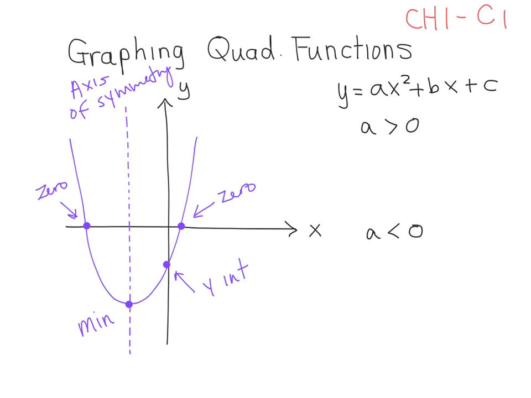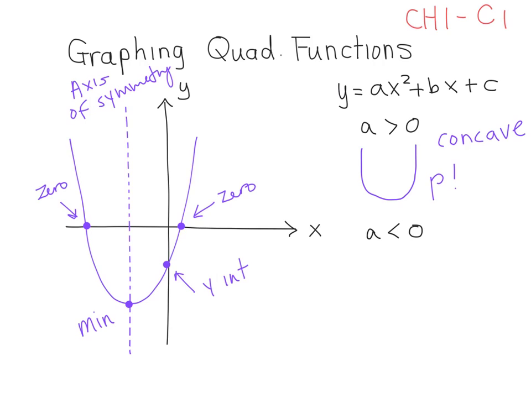In quadratic functions where y is equal to ax squared plus bx plus c, if a is greater than 0, in other words, if a is positive, then the function is concave up, meaning that it's going to have a shape that looks like this. So we call this concave up. That's a great way to remember.